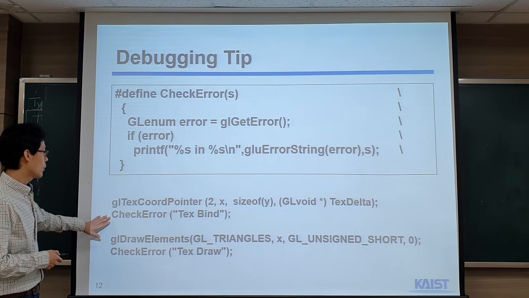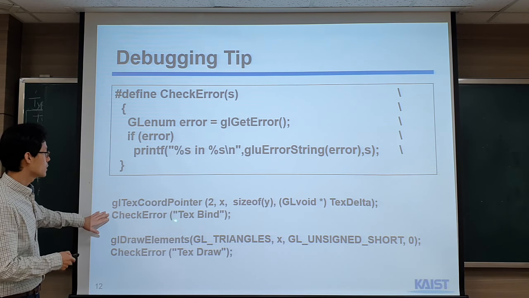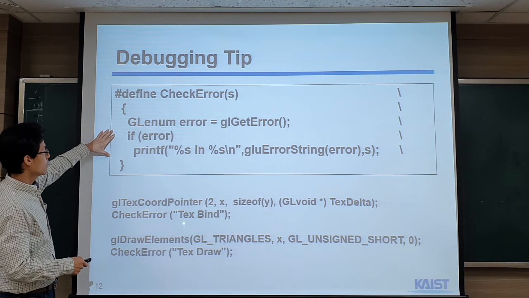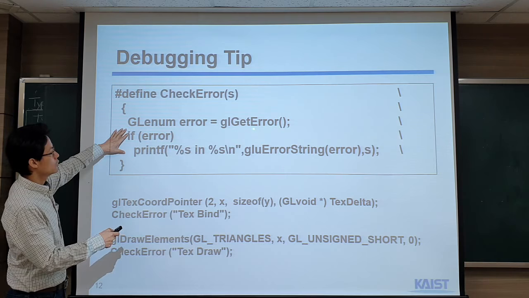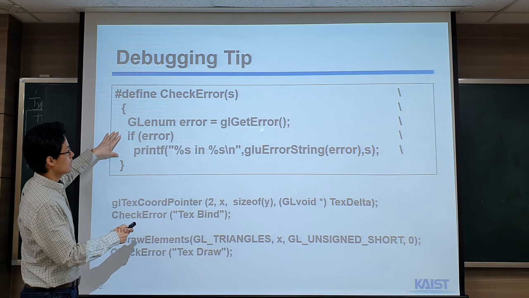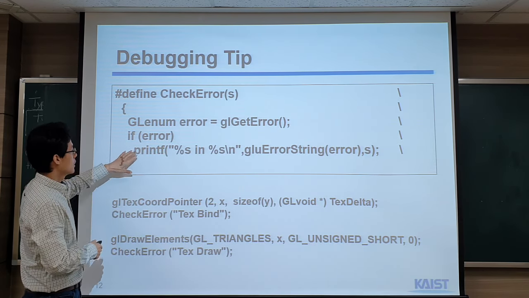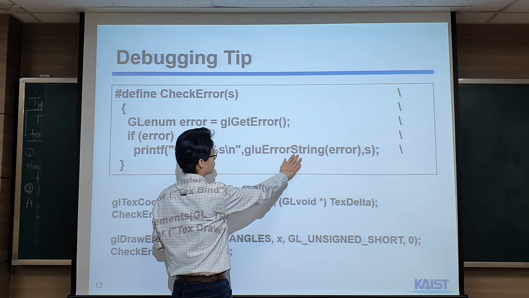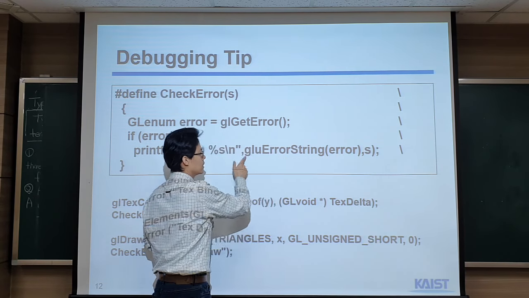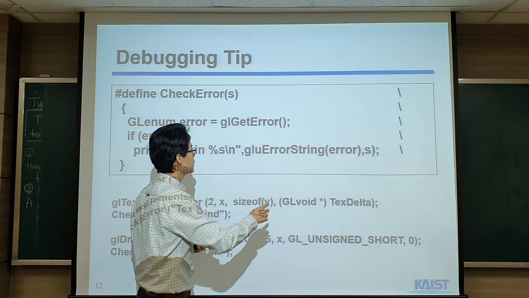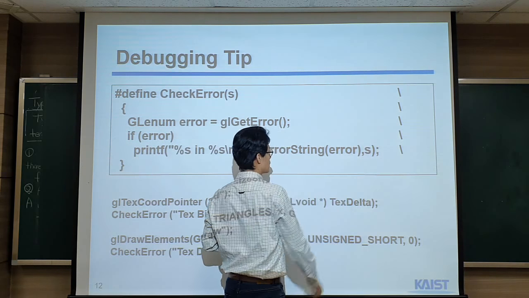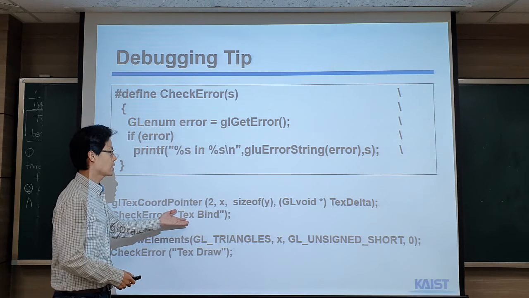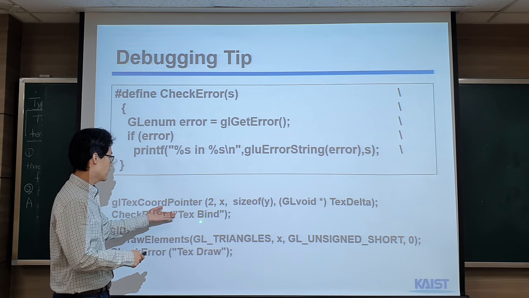I recommend using a check error macro with a text. First you ask OpenGL whether you got an error with GL get error, and if there is an error, you print it with the number. The GLU error string, given this error code, creates a text message, so you can see that some error is happening at this stage or that stage.